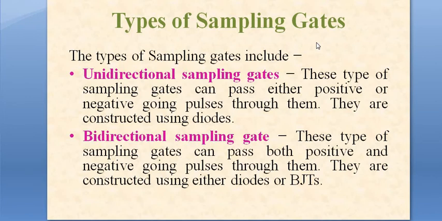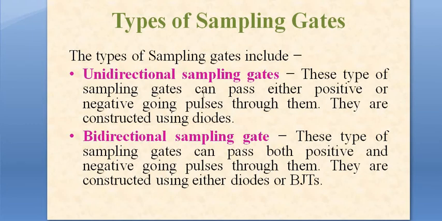Now tell me, what exactly is bidirectional? This is the one which transmits signals of both polarities, either positive or negative, correct? Both waveforms at a time can be transmitted by using bidirectional sampling gates, whereas with unidirectional only one polarity can be obtained, right? I'll read out the definition I have given here.